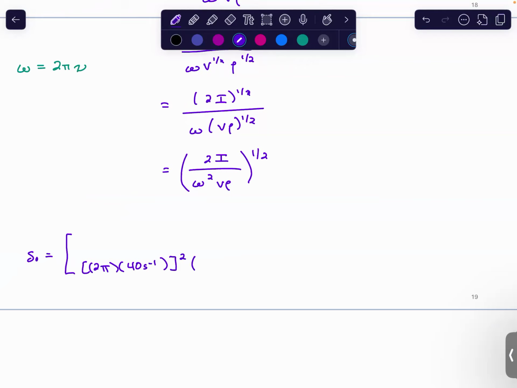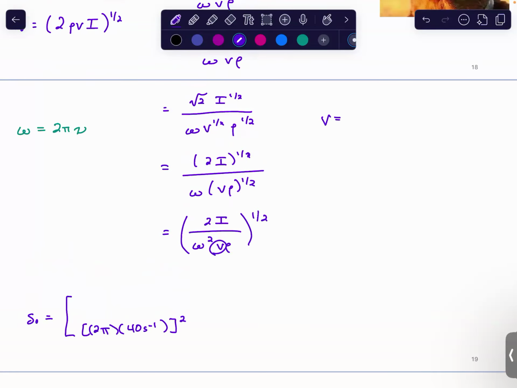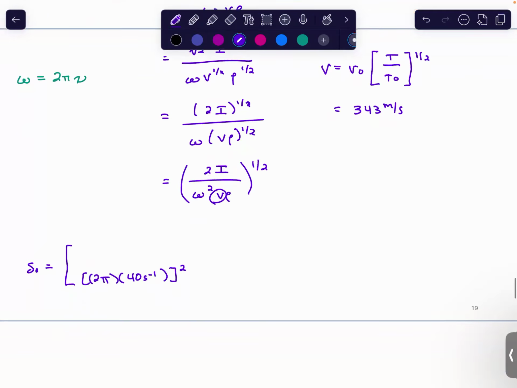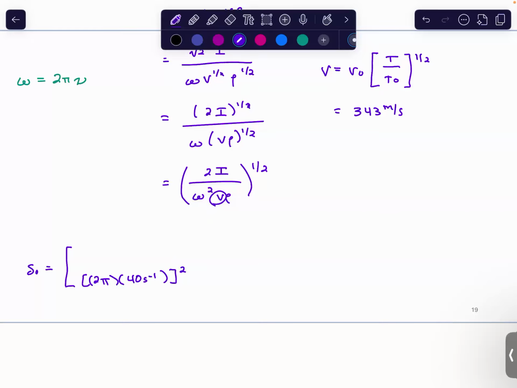Now, we have a fun part. We need this velocity. How do we find that? You can look up the velocity in air at 0 Celsius and solve this. When you solve it, you end up with about 343 meters per second. So you're going to have to solve that temperature dependence of velocity in air.